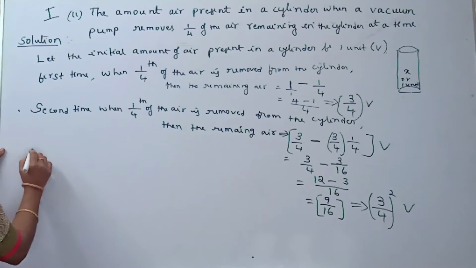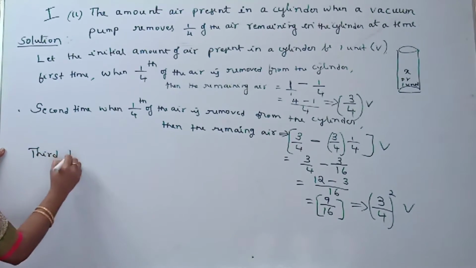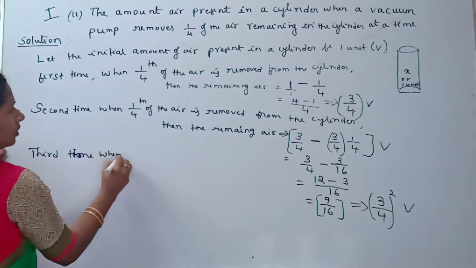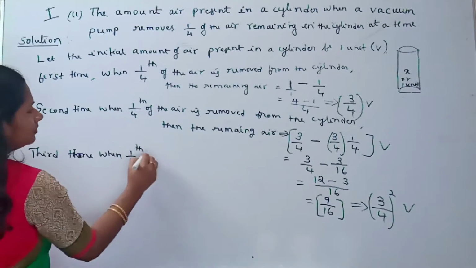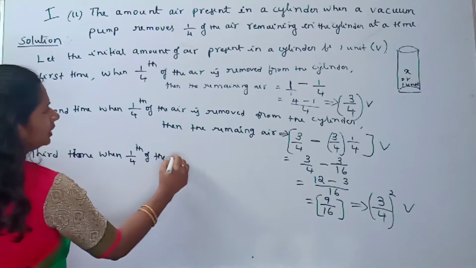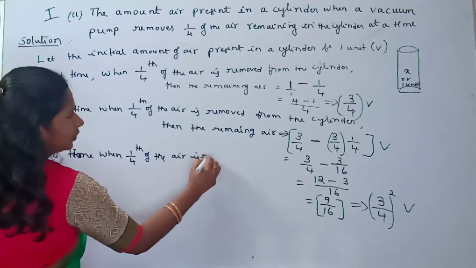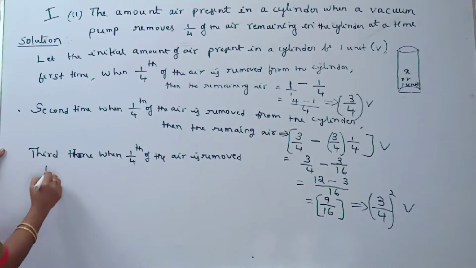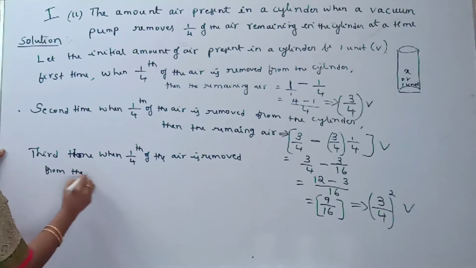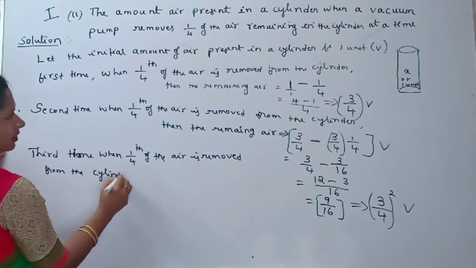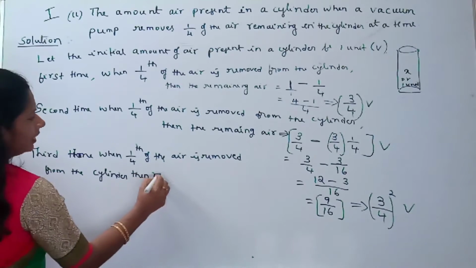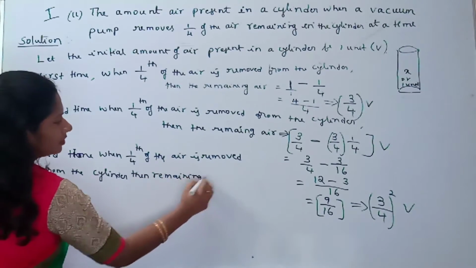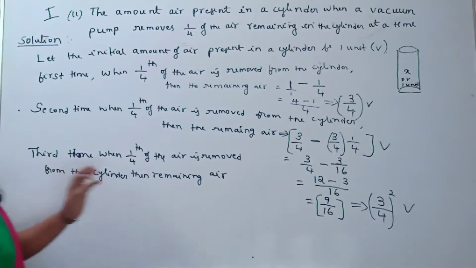So when third time 1/4 of the air is removed from the cylinder, then the remaining air, how much, children?